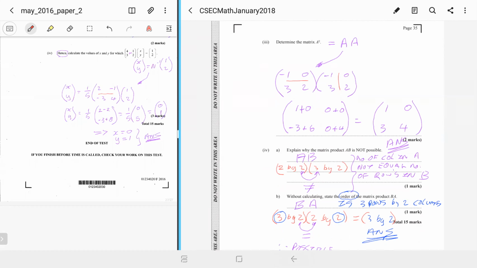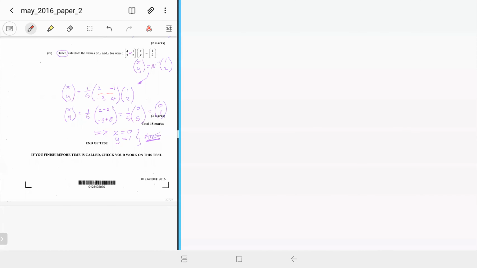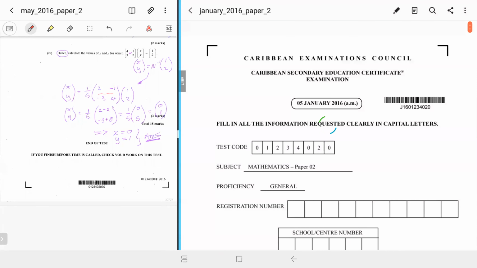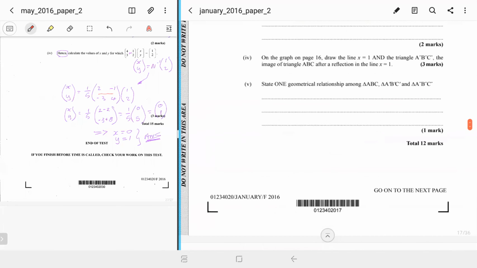All right, 2016. Let's see. Let's find another one. This one right here. Let's go. Page 32.